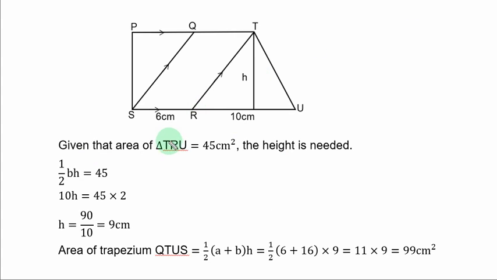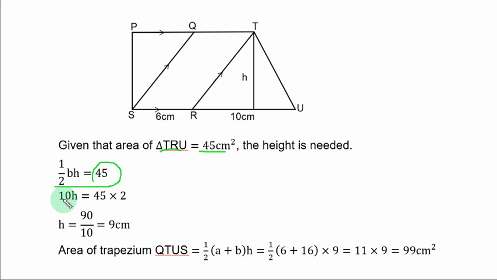So given that the area of triangle TRU is equal to 45 square centimeters, the height is needed. For a triangle, the area is half times base times height. So half times base times height is equal to the area, 45 square centimeters.